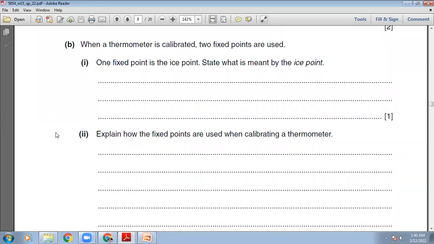One fixed point is the ice point. State what is meant by the ice point. Ice point is basically the temperature at which the ice starts to melt. Or you can say the ice point is the temperature at which the ice and the water mixture coexist.